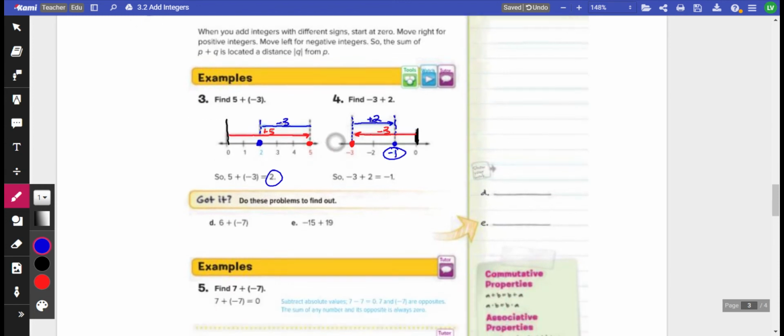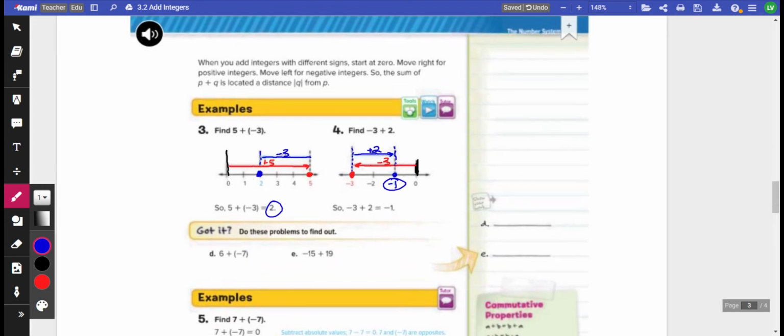All right, got it? Let's do these problems to find out. So I'm going to use a number line to help me. I'll label this letter D. 6 plus negative 7. Okay, well, I'm going to start at 0. I'm going to go to the right 1, 2, 3, 4, 5, 6. And I'm going to plot that point. Because I started at 0, and then I went to the right 6.